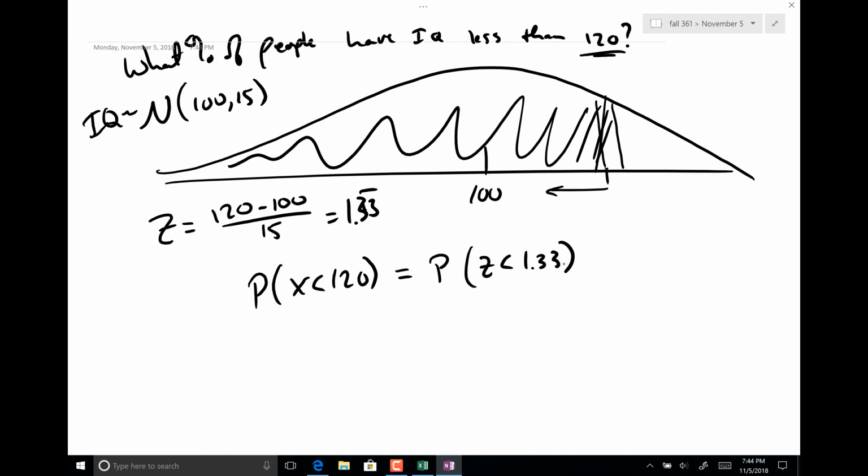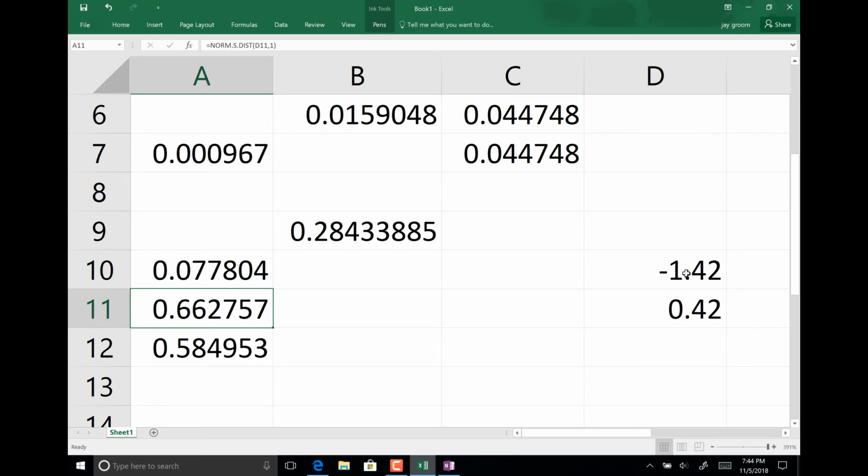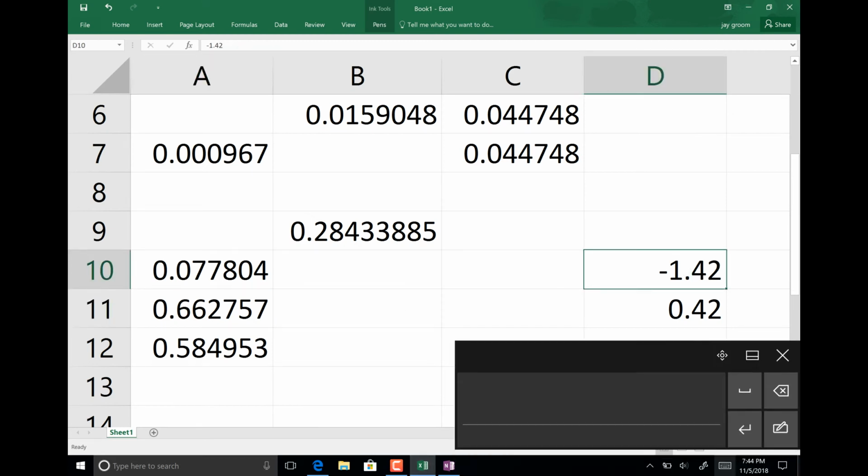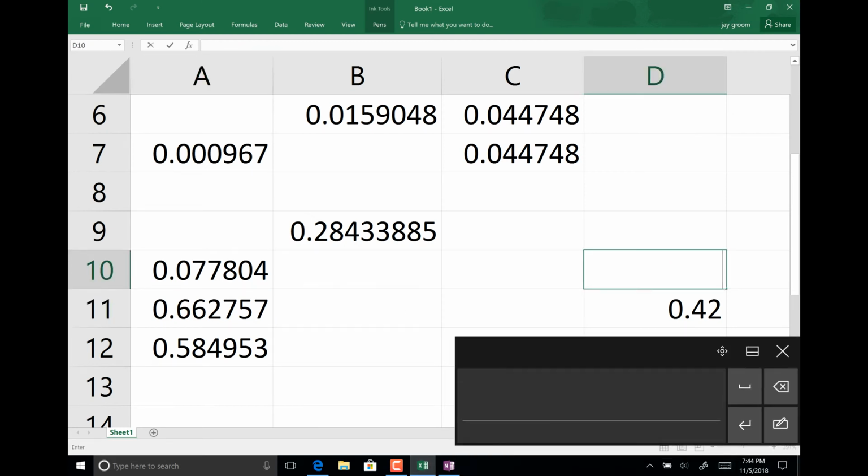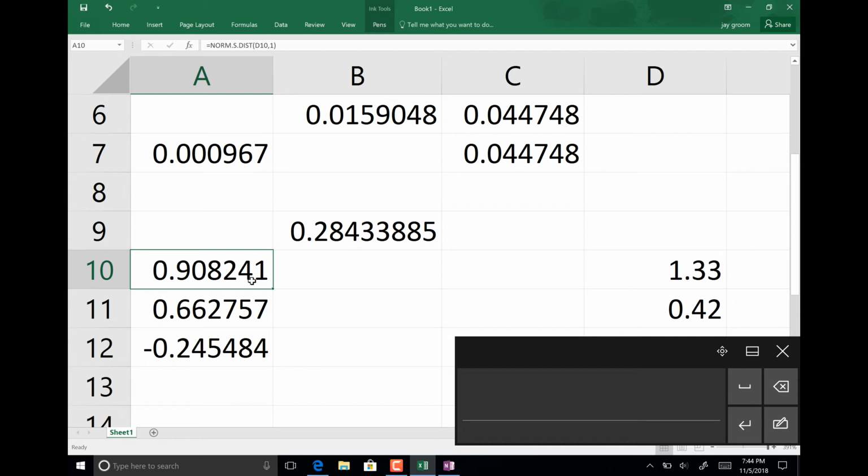On my computer I'll type in 1.33, and that came out to be roughly 91% of the population with an IQ less than 120.